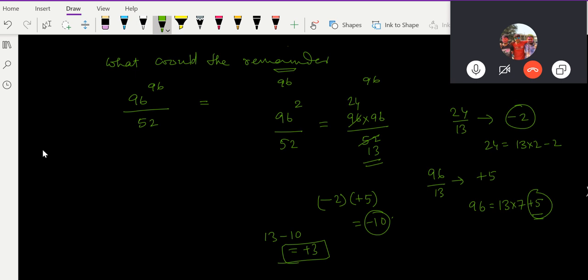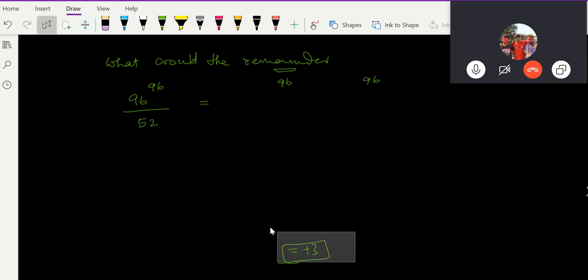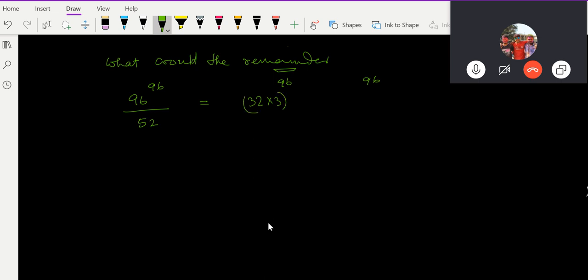So the actual remainder would be +3, and we verified that, right? We'll use the same logic with 96 to the power 96 divided by 52. We'll have to reduce it to the lowest terms. That means 96 is 32 into 3, whole to the power 96, divided by 52.